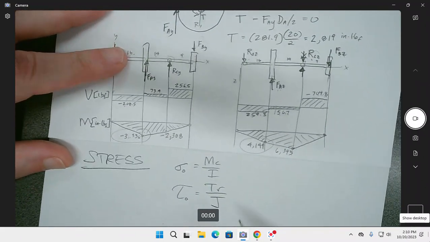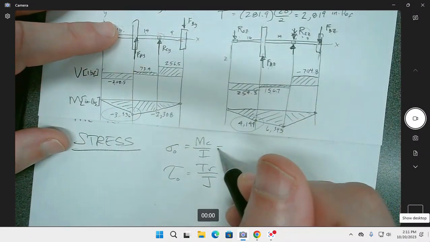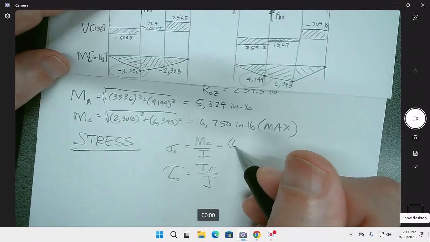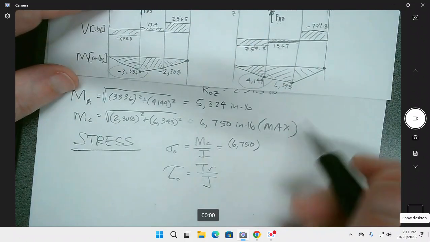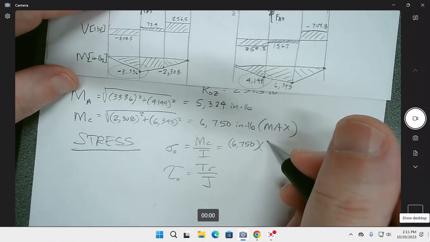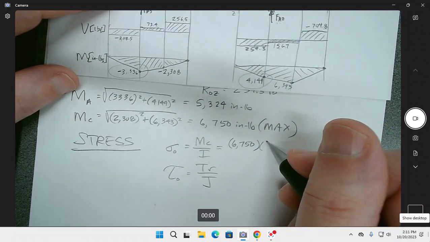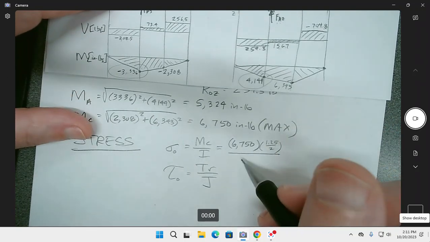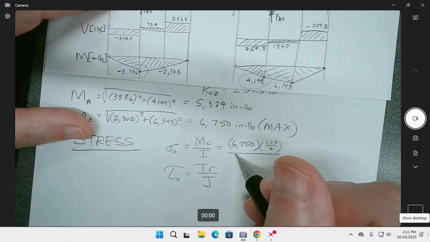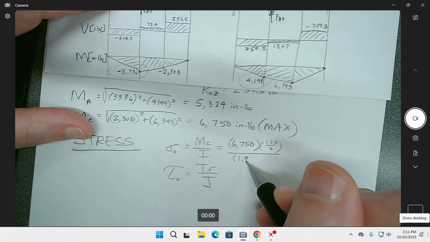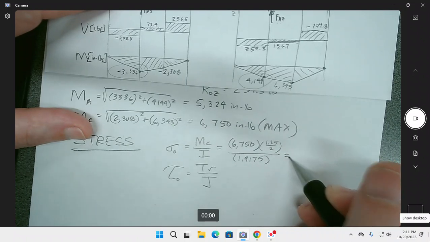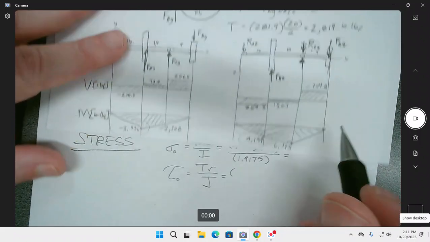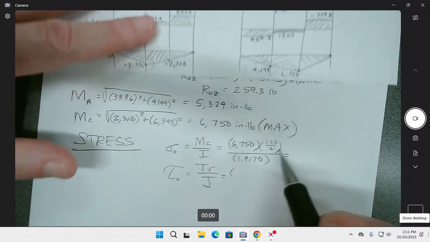We'll put in that the moment is 6,750. The c is going to be the diameter, which is 1.25 divided by 2. Can't do that in my head. I is 1.9175. Mr. Lazy decided to do this for some reason. Remember, our torque was 2,819.